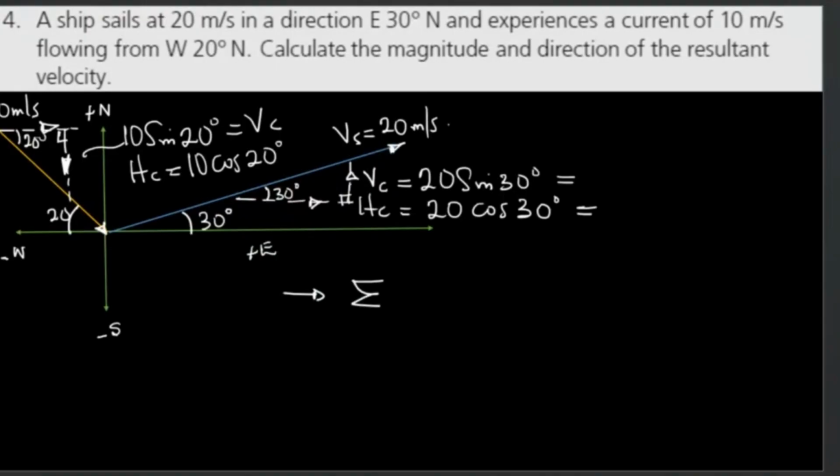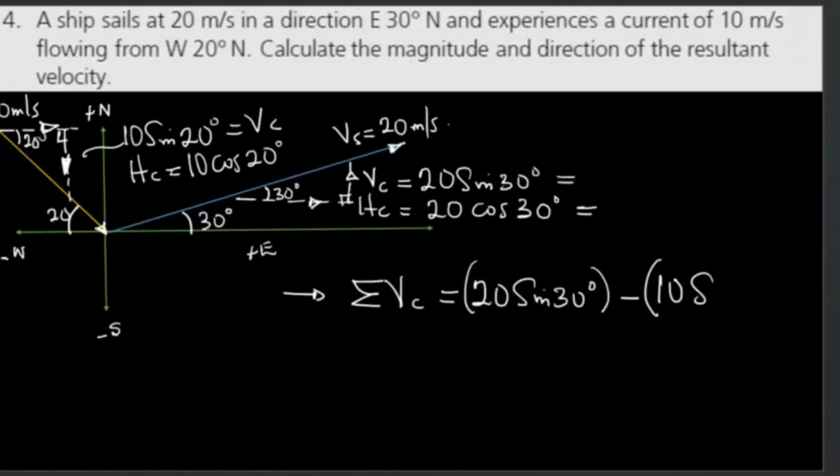The summation of the vertical component is going to be equal to, for the 20, which is facing up, positive 20 sine of 30 degrees. The vertical component of this one is facing down, so it's going to be minus 10 sine of what? Sine 20 degrees. I want someone to determine that.